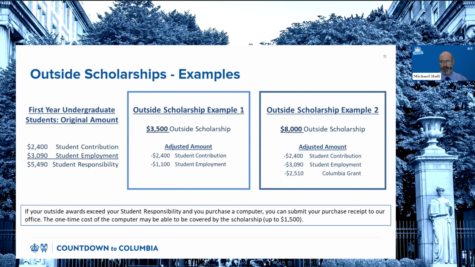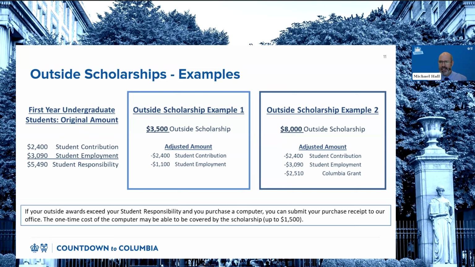We're going to reduce the student contribution entirely, wipe that portion out, and then reduce the student employment by $1,100. When you add those up, that's the $3,500. There's still some student employment left over, and there's no need for us to adjust the Columbia grants.